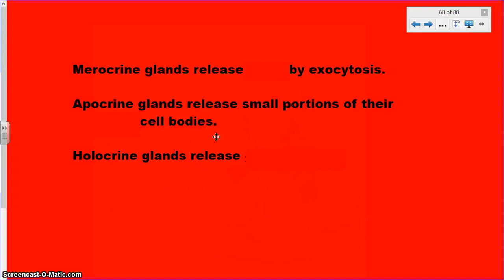In addition to classifying whether something is endocrine or exocrine, these glands can be classified according to how they release their substances. Merocrine glands release their fluid or substance by exocytosis.